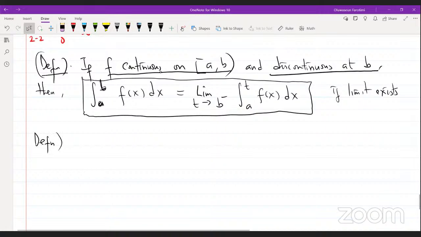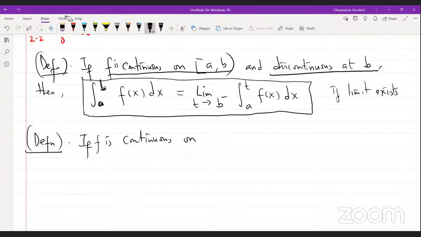Another definition. Very similar to the first one, but not exactly the same. If f is continuous on, this time, open at this end but closed at this point, and discontinuous on the open end at a.